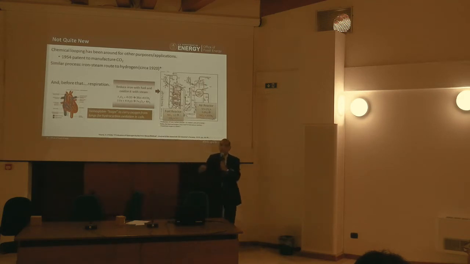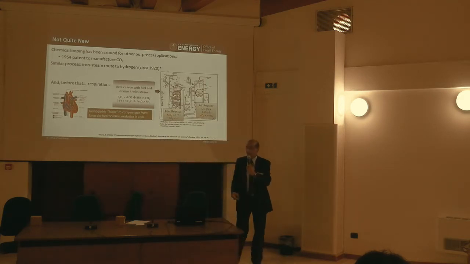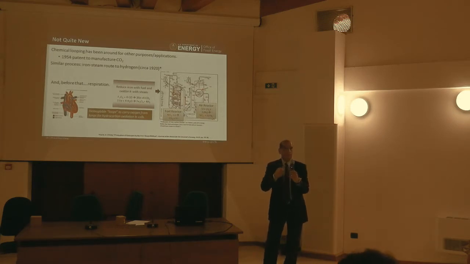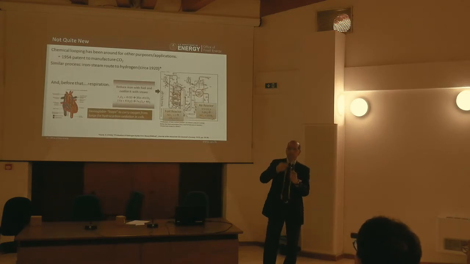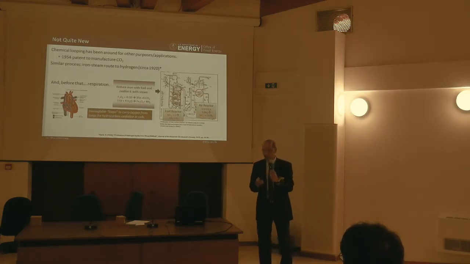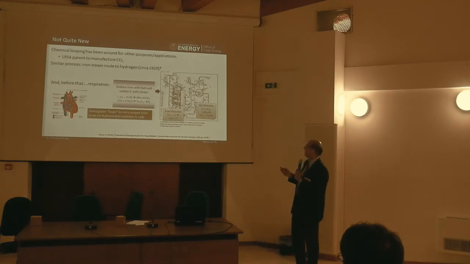So this is how they recirculate with the iron. Okay? So this technology is not new. And if you look at how we breathe air, we transfer oxygen to the blood, it uses it through the blood and then it comes back. So chemical looping is going on even in our bodies, right? So there's nothing new about this technique.